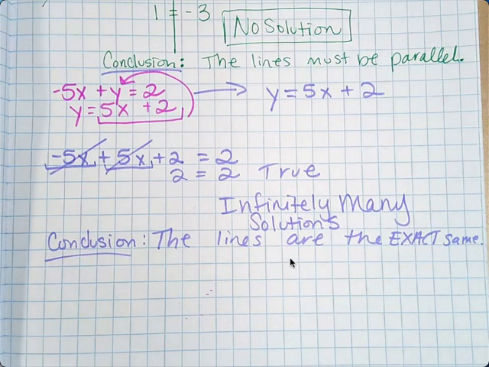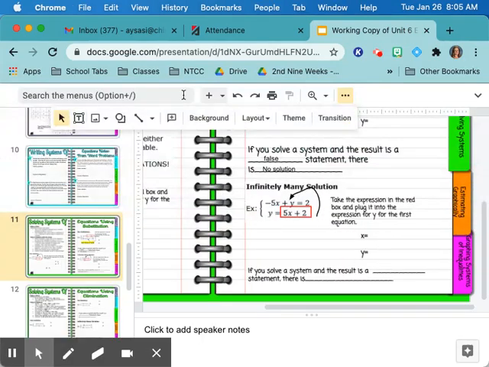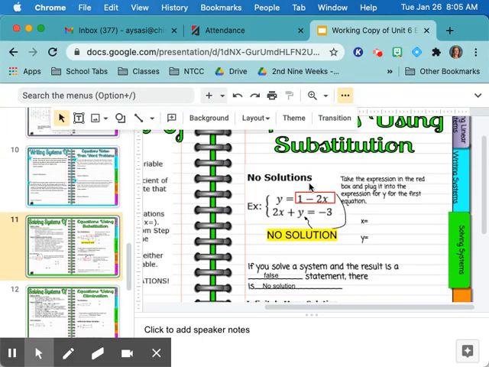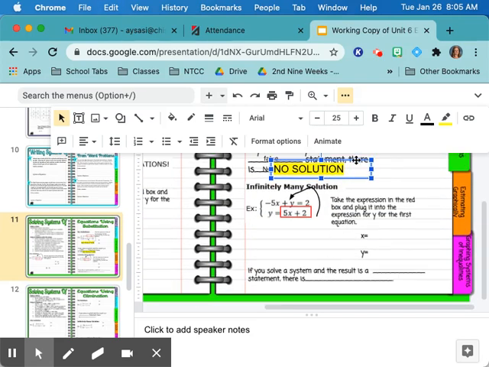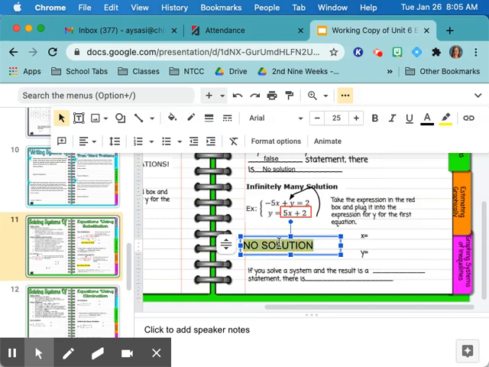Okay, so we need to fill in here. I'm going to copy this so I can write it down here. Infinitely many solutions.